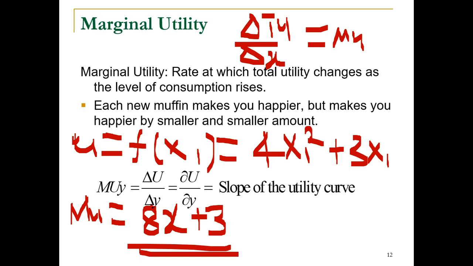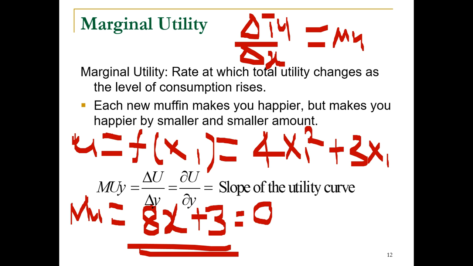So how do we do that? The first thing is to get the marginal utility function. After getting the marginal utility function, you equate it to 0, and then you solve for x.